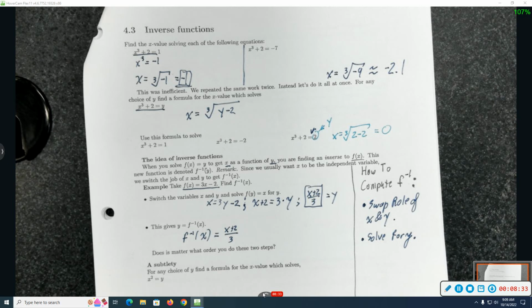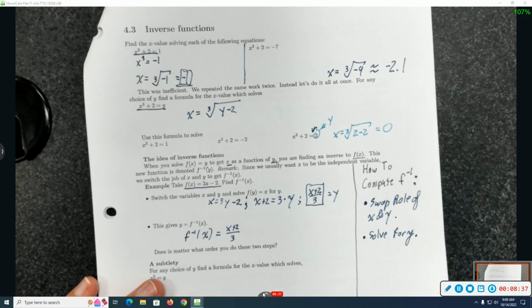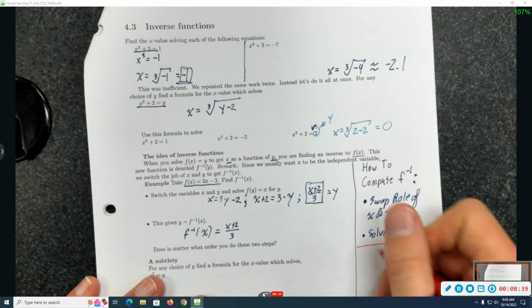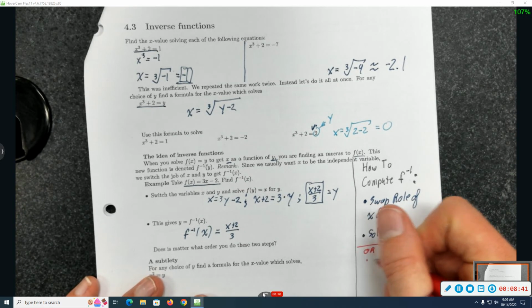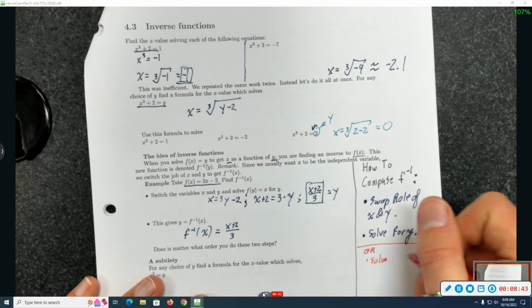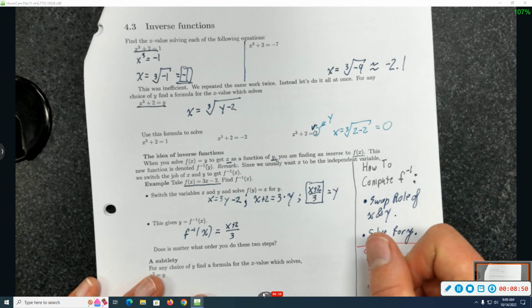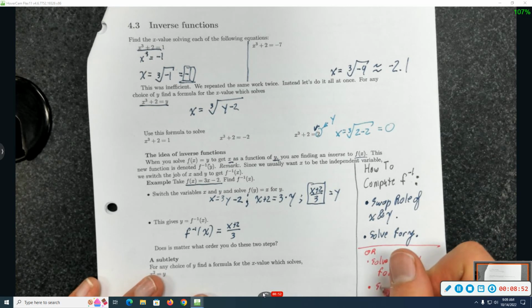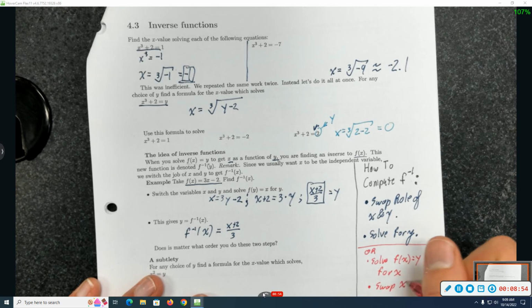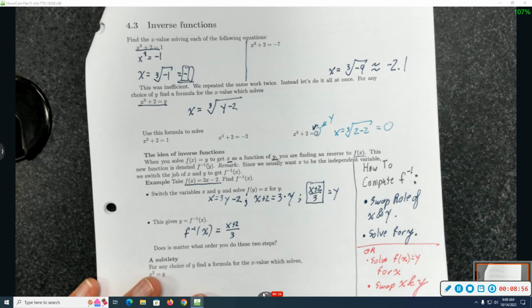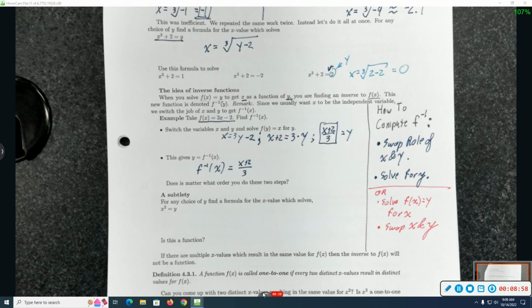As written, I suppose, but you could do things in the opposite order if instead you wanted to start by solving f of x equals y for x, and then swap x and y. Take your pick, whichever feels more natural.